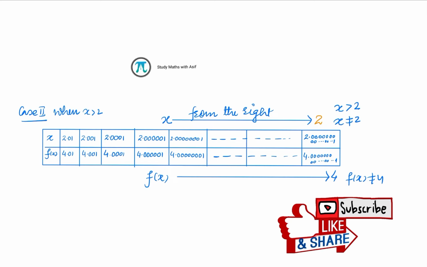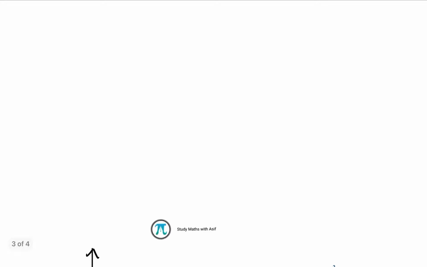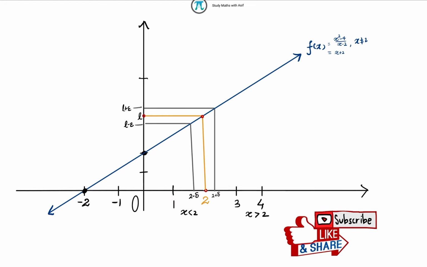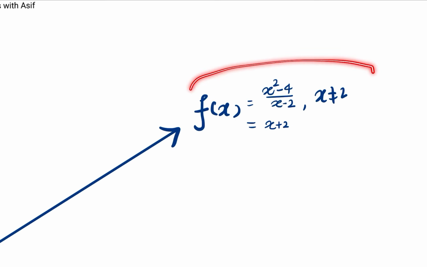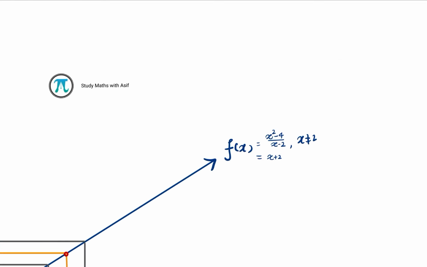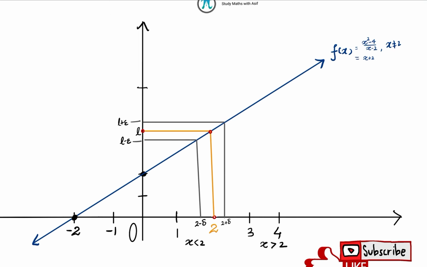Then I will come to the formal definition of the limit. So see this diagram, I try to plot it. When x is not equal to 2, I am writing this function x square minus 4 upon x minus 2 as x plus 2. So I plot this line. After plotting, you see this function is not defined at 2. So I have especially marked this point.